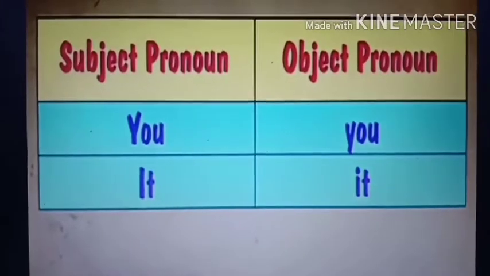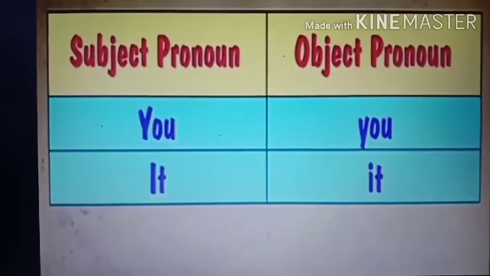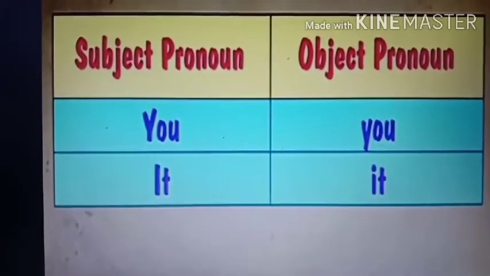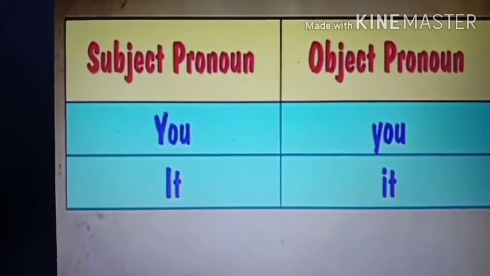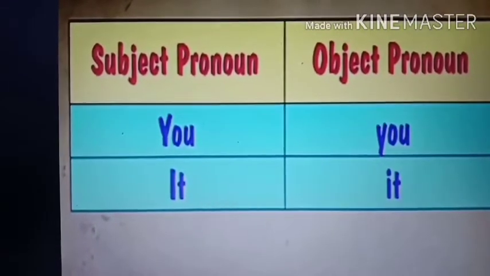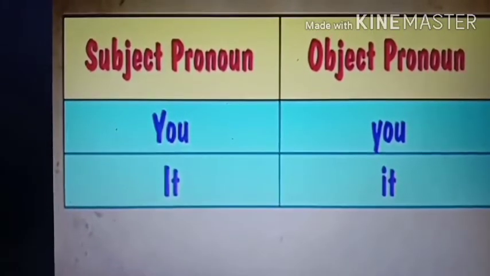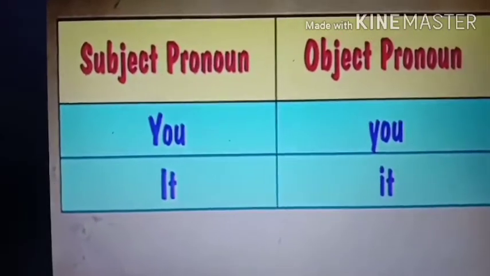I, me. Then we, us, they, them, he, him, she, her. All the pronouns have their object pronouns. But for you and it, the subject pronoun is also the same and the object pronoun is also the same. See, I will give you one sentence and you will understand.